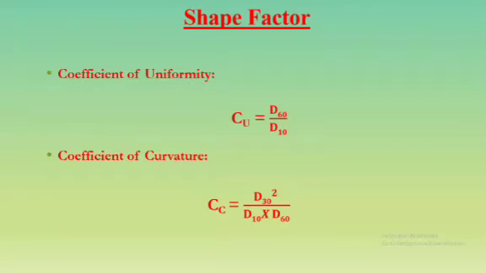Welcome, all. In the last lecture we have seen what sieve analysis is, what the procedure is, and how to calculate the percentage of soil particles smaller than a given size.